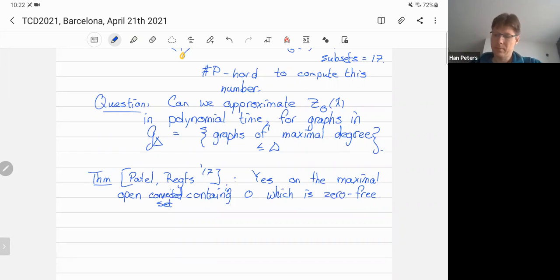And the method, well, first you use the Riemann mapping theorem to get the unit disk, and then you look at the Taylor expansion of the logarithm of Z, and you look at how many of these coefficients you need to approximate to get a good enough approximation, up to an additive constant, of the logarithm of Z. So that's in two sentences the proof of the theorem.